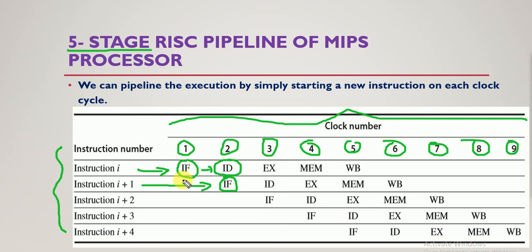So what we are considering here is that we have two memories. Instruction fetch deals with the instruction memory, and for accessing data we use a separate data memory.